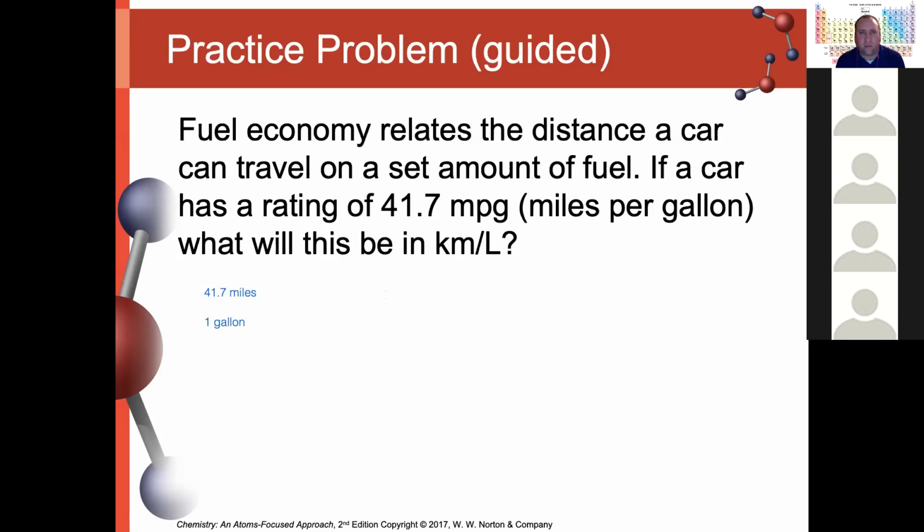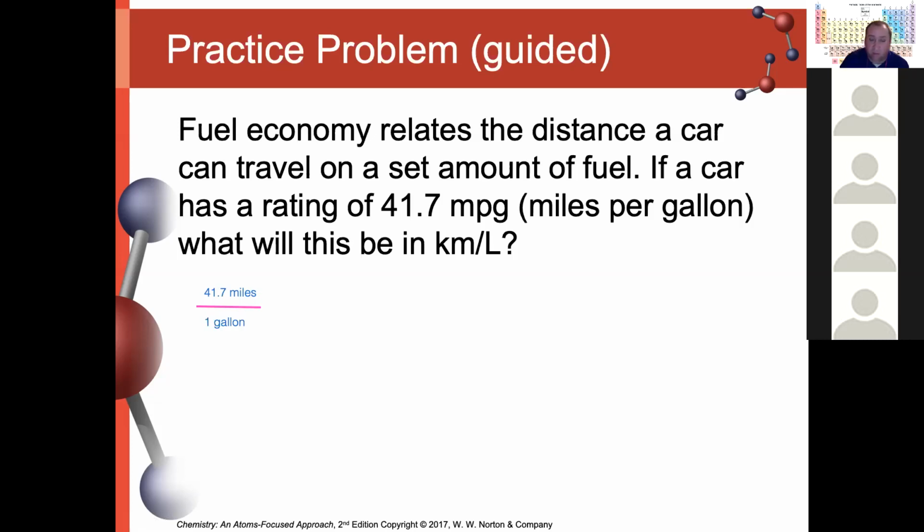And so from that perspective, that's what we're starting with. This is a combination unit. So we're actually going to be doing 2 unit conversions simultaneously.